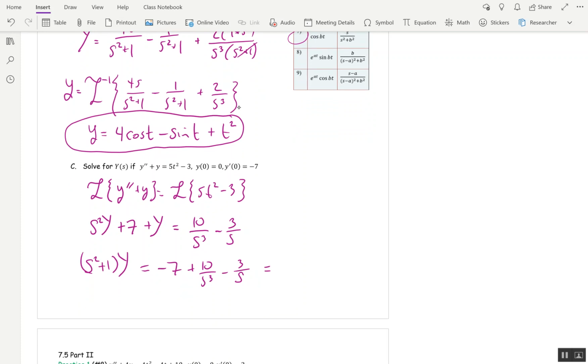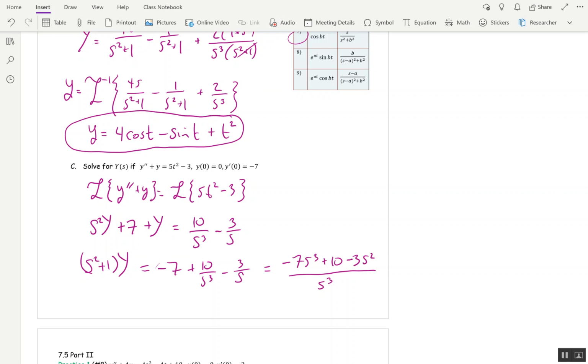So my common denominator is s cubed. So to get negative 7 over s cubed, I'm going to go negative 7s cubed over s cubed. 10 already has denominator s cubed, so plus 10. And then I need to multiply the 3 over s by s squared over s squared, so minus 3s squared.